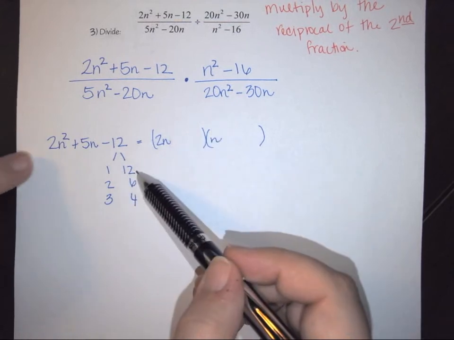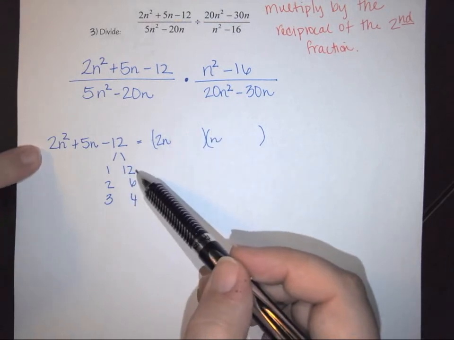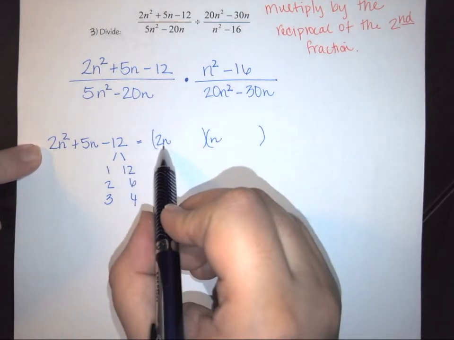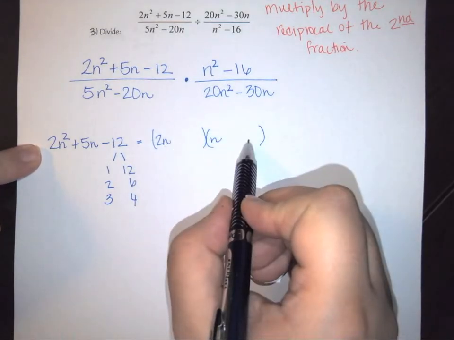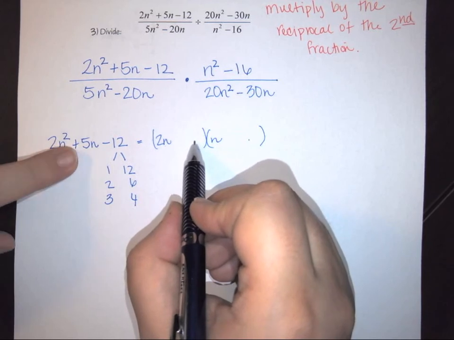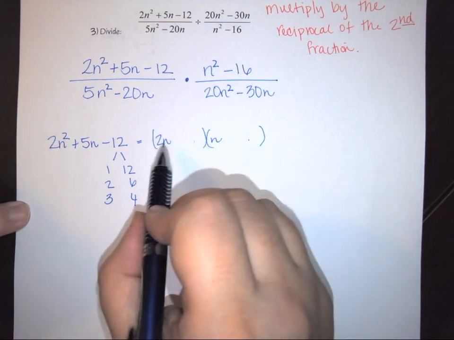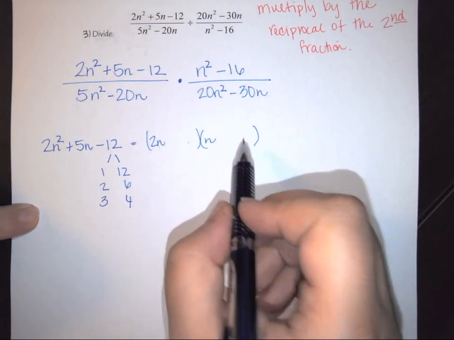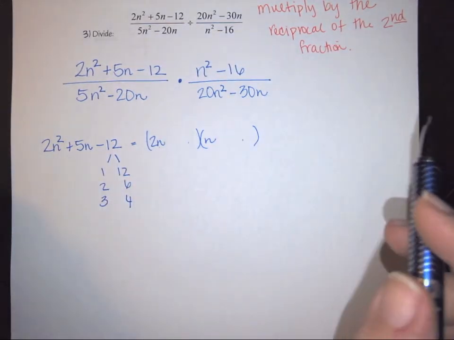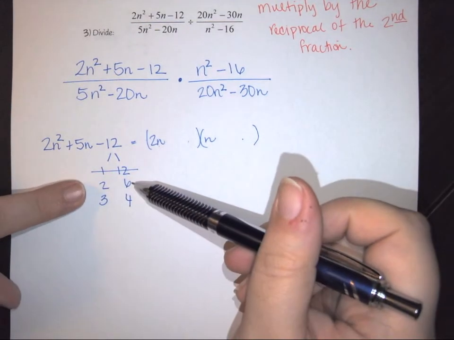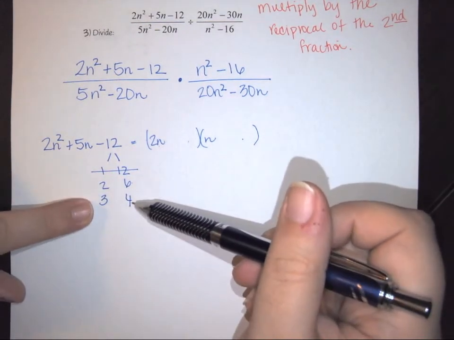If I'm looking at 1 and 12, my instincts tell me that's not going to work. Because if I have 2n times 1 and then minus 12, that's too big. 2n times negative 1 plus 12 is still too big. And if I multiplied it by 12, that would be too big. So this one can't work. So I'm down to 2 and 6 and 3 and 4.